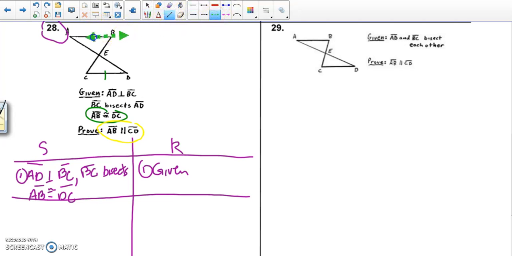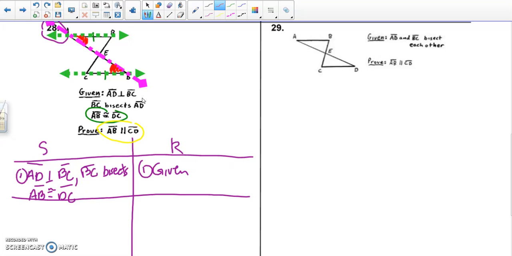So if we look at AB right there and CD right there, those are the lines that we want to prove are parallel. And if you think about this as our transversal, so if we forget the triangles for a second, if we just look at them as parallel lines cut by a transversal, hopefully, if we remember back to the beginning of the year, we see that this angle here and that angle there are alternate interior angles.